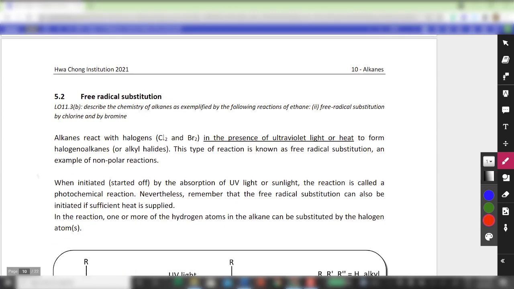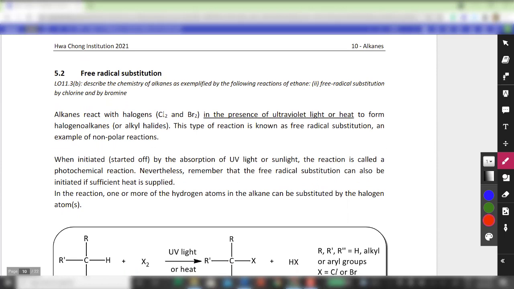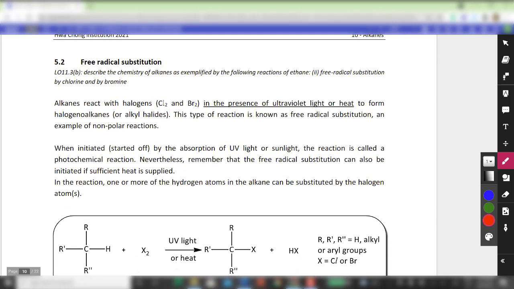The next section we are going to look at is 5.2 on free radical substitution. This is perhaps the most important section of the whole chapter on alkanes, because I think, number one, it's something new for most of you. It's not new in the sense that you have not learned it before in secondary school, because there you learn it as a substitution reaction involving alkanes.